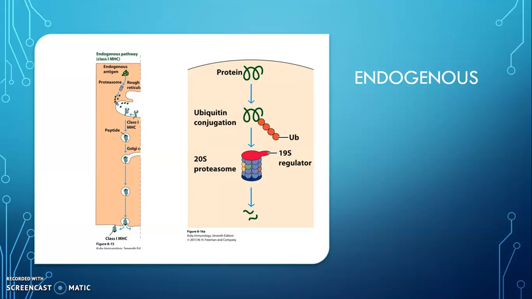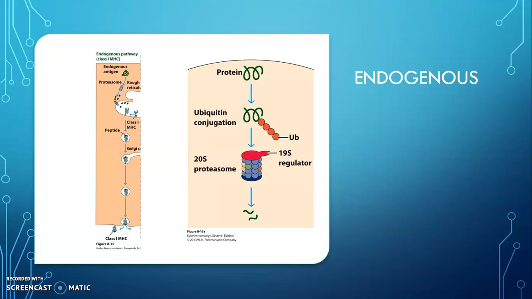So first we have endogenous. Endogenous antigens are those that are generated within the cell. So these antigens are already within the cell, so this can be processed in the endogenous pathway.